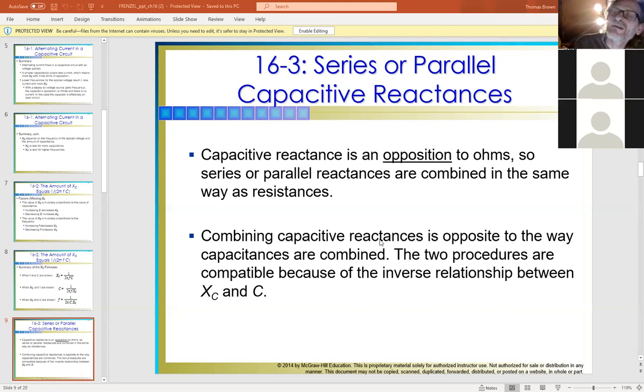Once we have the value for X of C, it's very much like the resistive value of ohms, but there are differences. I don't want you to think that you'll be treating them as the same as resistors, but solving them as far as the series and parallel configurations will be very much the same.